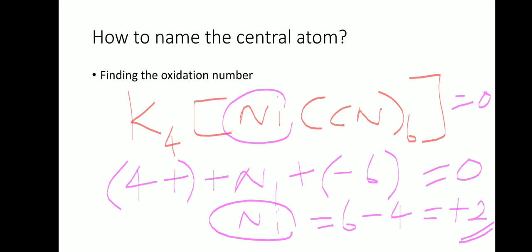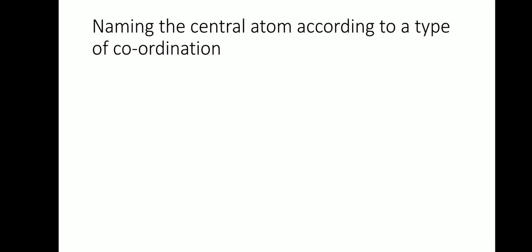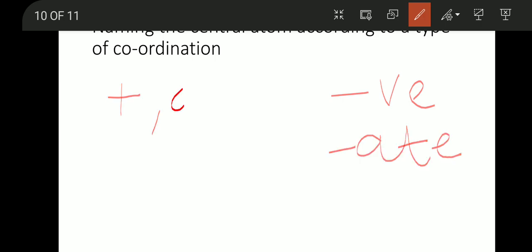That means no change in the name. But if it is a negative oxidation number, then you have to add the part ate. Positive or 0, no change.